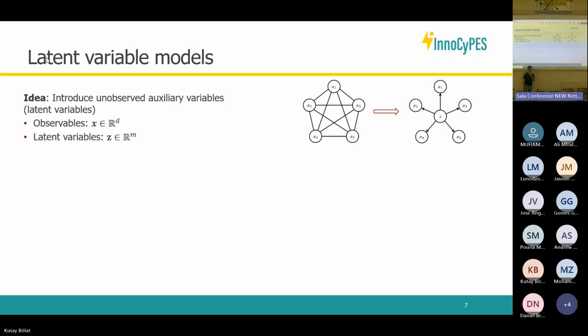You can check later on Wikipedia, but it's a very well-established model which makes our life easier. For the control people, you can think about these x's as the y's, the sensor outputs, and z as the states that you cannot observe all of, right? You can think like that.